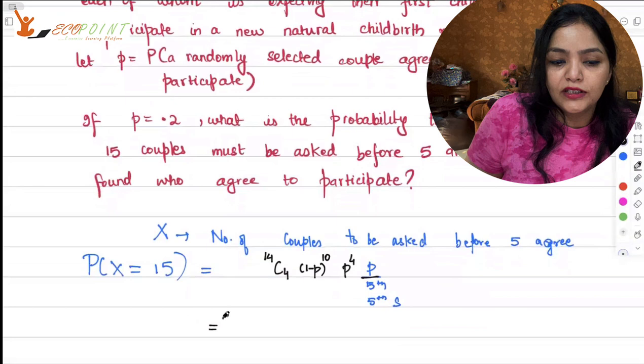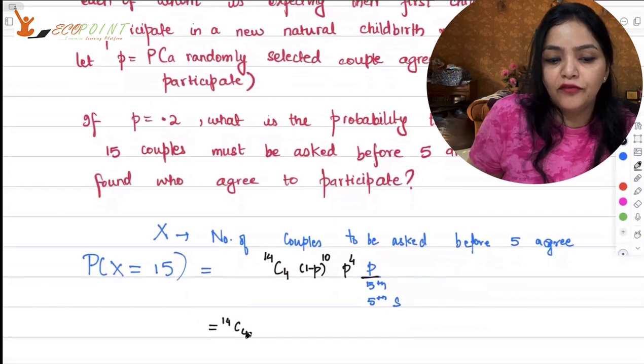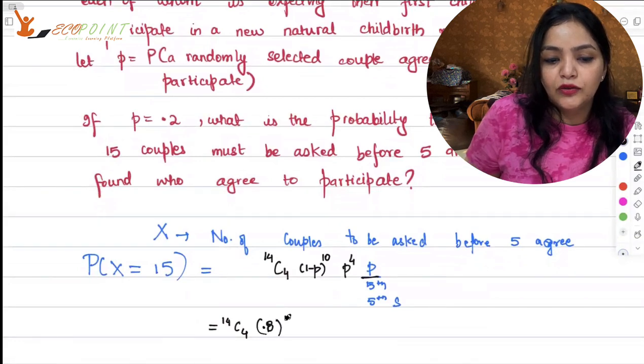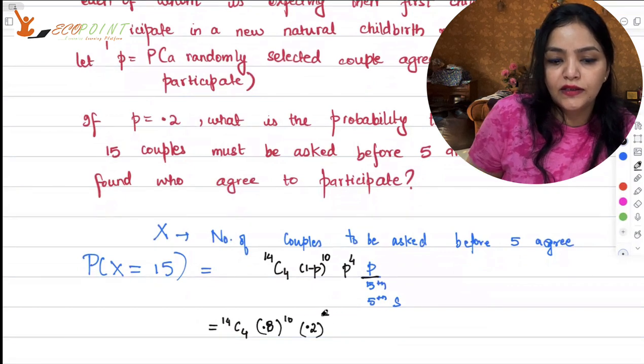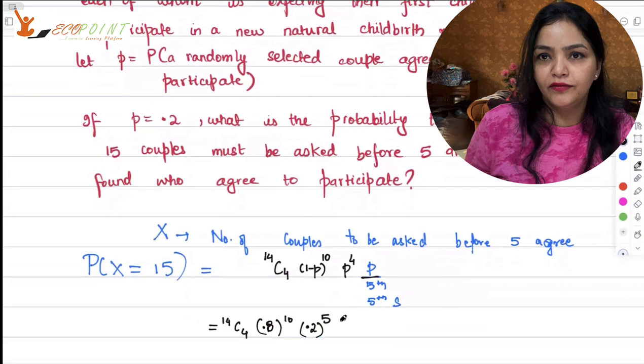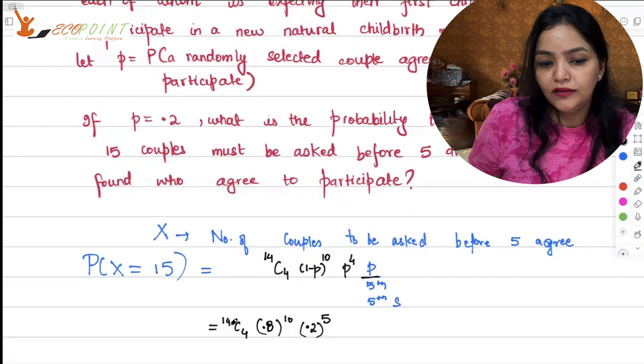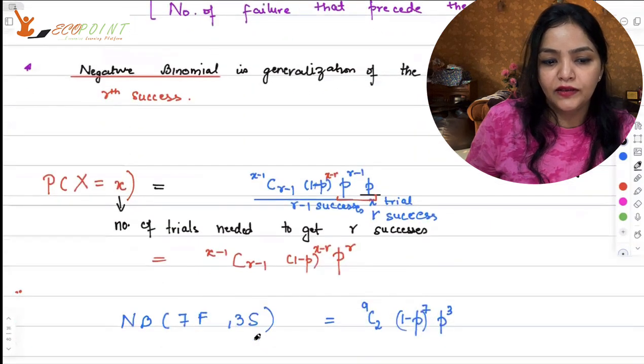So in total, this is 14C4 times 0.8 to the power 10, times 0.2 to the power 5, where 0.2 is the probability of success. So you can see this is X minus 1 C R minus 1, which we had in the formula here.